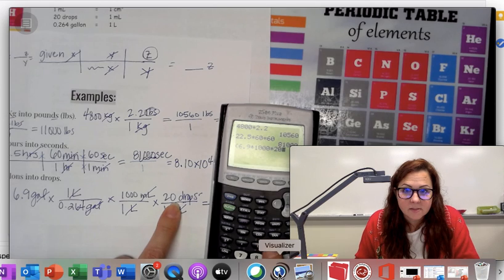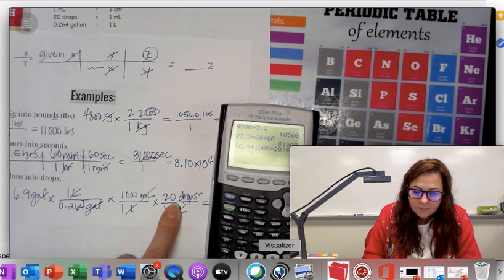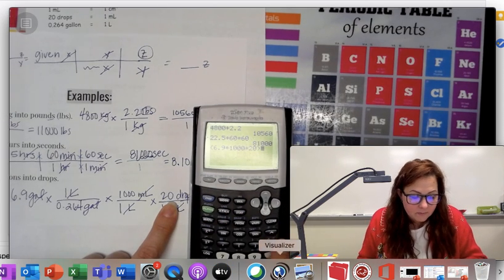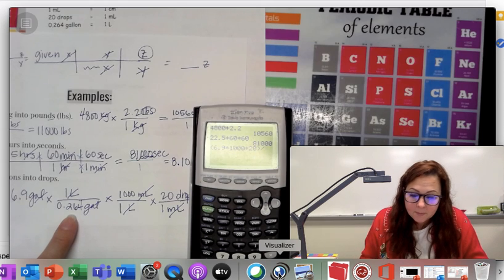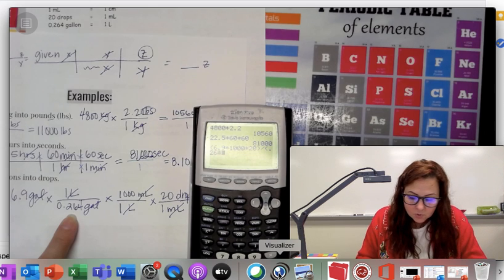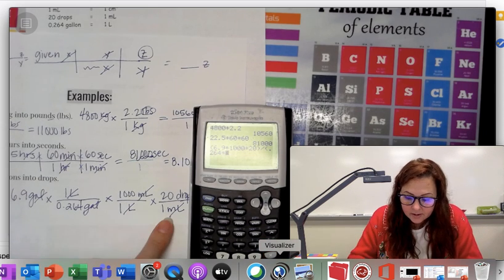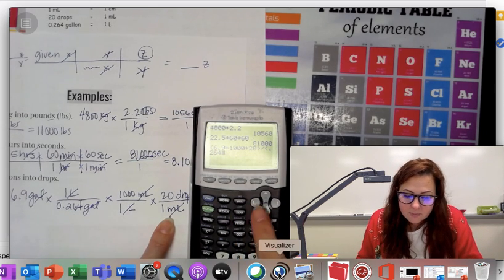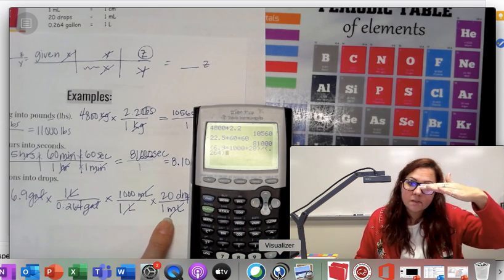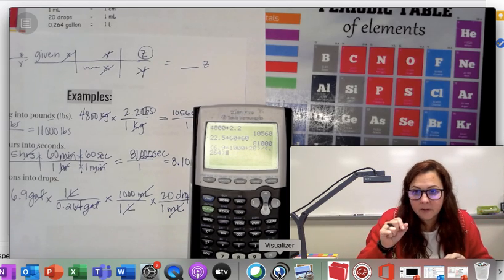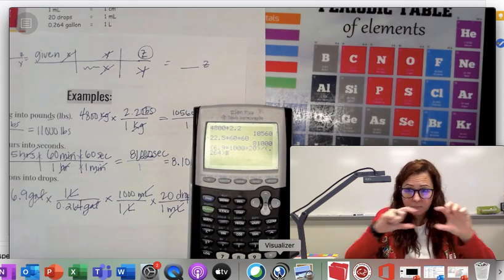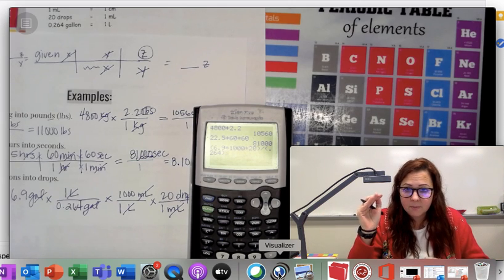Close my parentheses. And then I'm going to hit divided by everything on the bottom. So open parentheses, 0.264 times 1 times 1. Hey, I don't have to do anything there. I'm going to close up my parentheses. So I multiplied across the top, held it in parentheses, divided by, open parentheses, multiply all the way across the bottom, close up my parentheses.